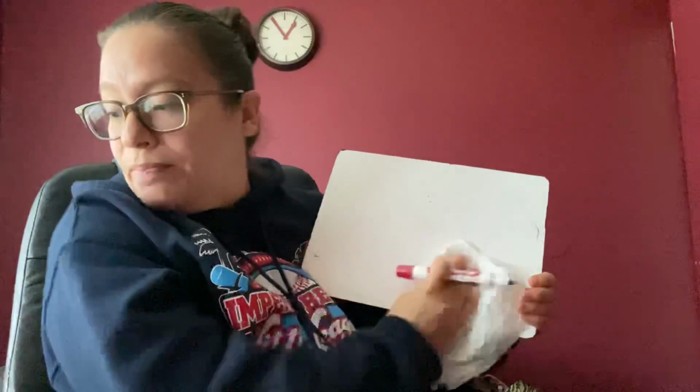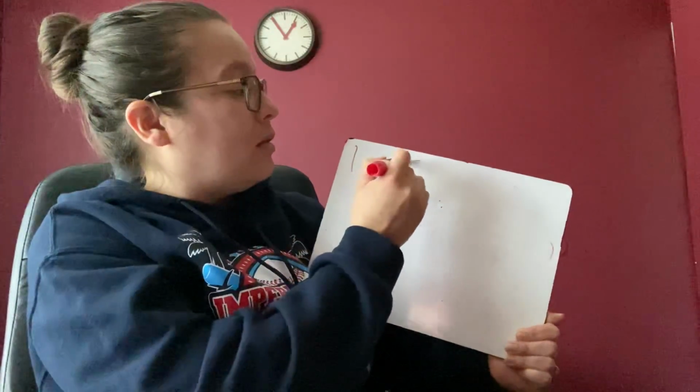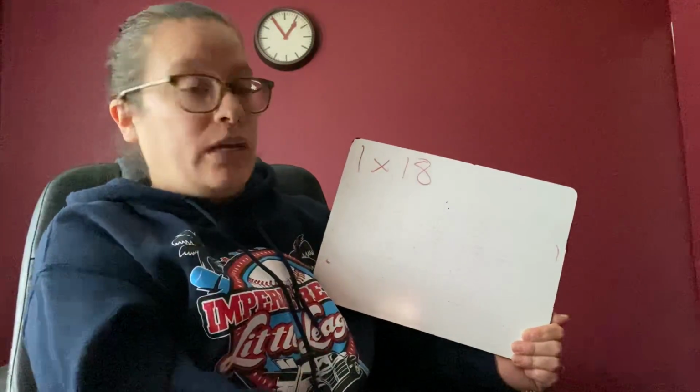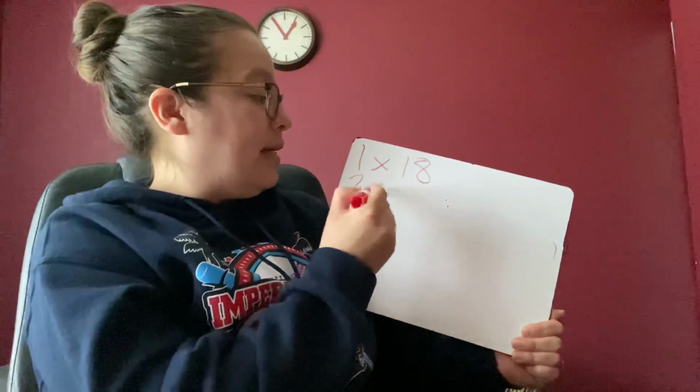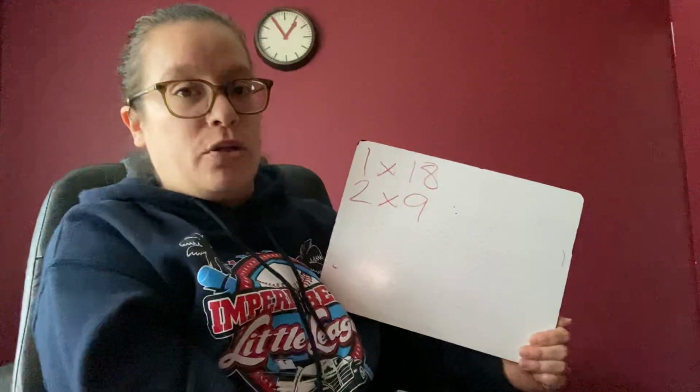For letter G, 2 factors of 18 are 1 and 18. Find 4 more factors. Ooh, 4 more factors. All right. So we already know that 1 and 18 are 2 factors. Let's continue. Is 2 a factor of 18? Yes, it is, because you multiply 2 times 9. What about 3? Is 3 a factor of 18?